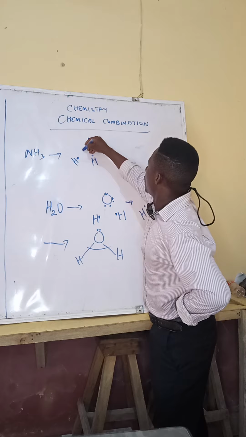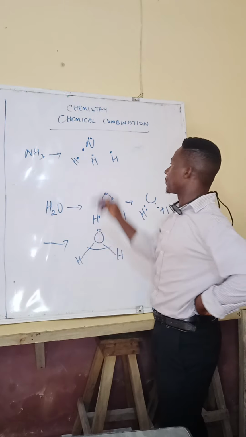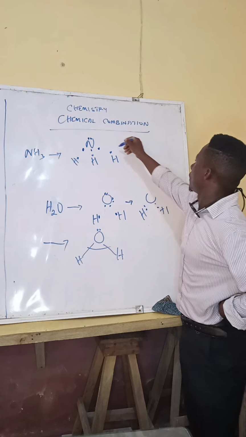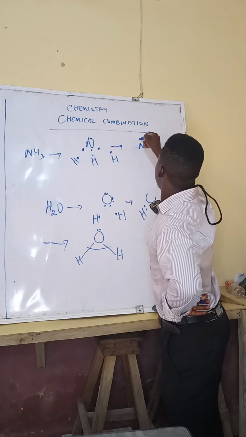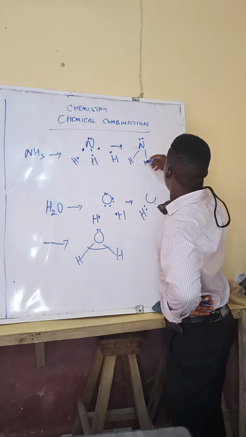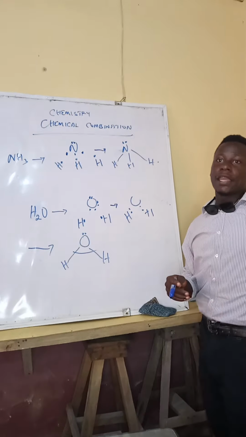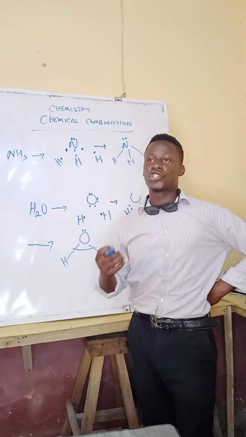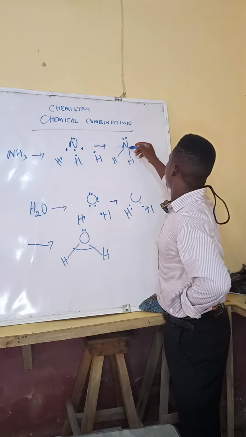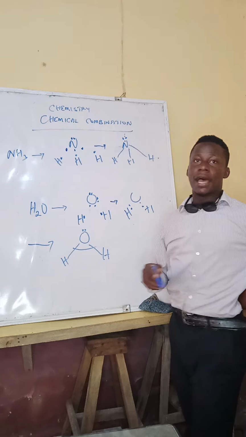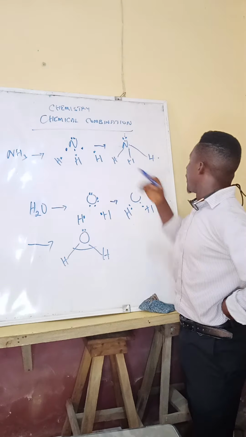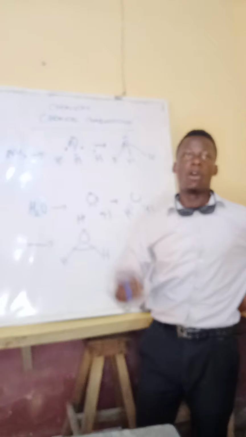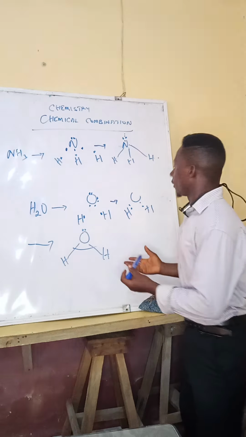Of the 3 remaining, one combines with the first hydrogen, the second with the second hydrogen, and the third with the third hydrogen. So you have something like this: H, H, and H. And that is why a typical ammonia compound has a trigonal pyramidal shape, and the nitrogen linking them together still possesses a lone pair of electrons on it.